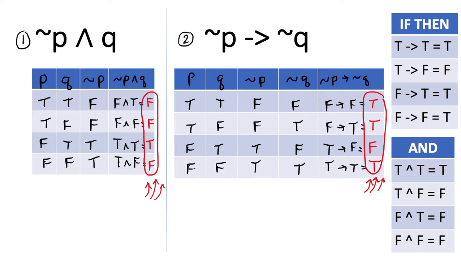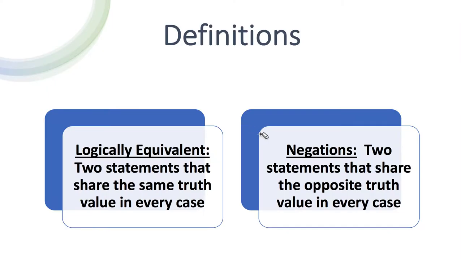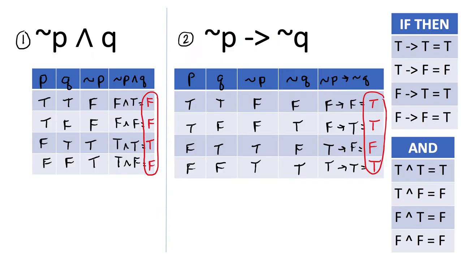The last value is a true. So what I'm seeing between the two problems is that they are exactly opposite in every case. So this is an example of a negation. A negation, remember, is two statements that share the opposite truth value in every case. So these are negations.